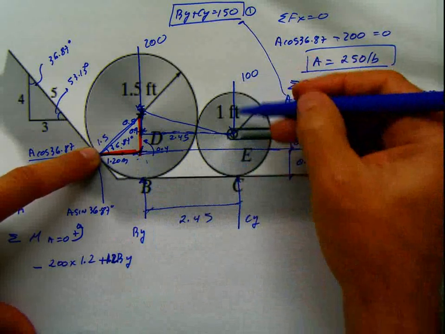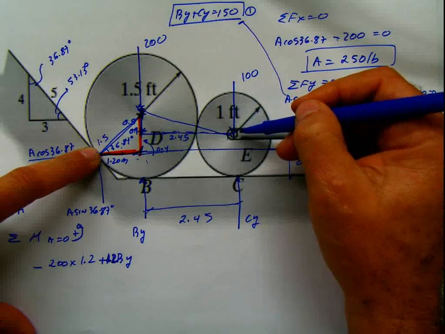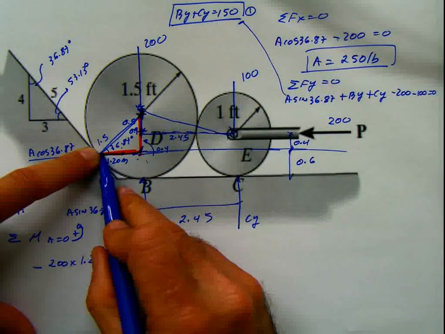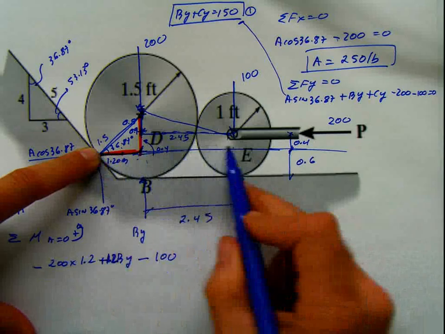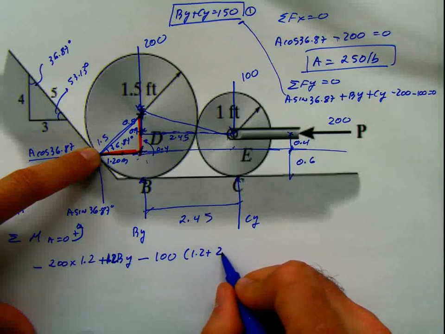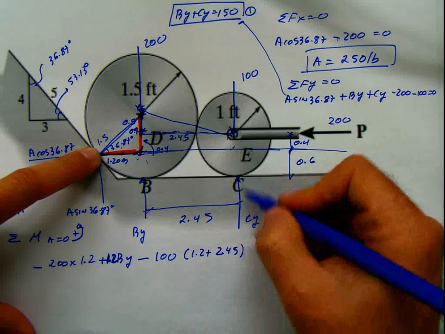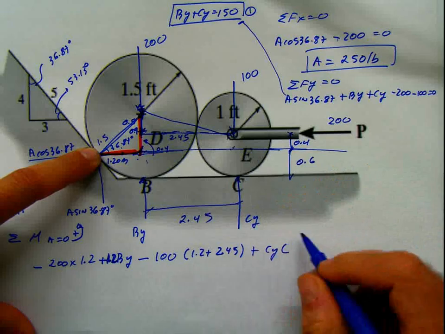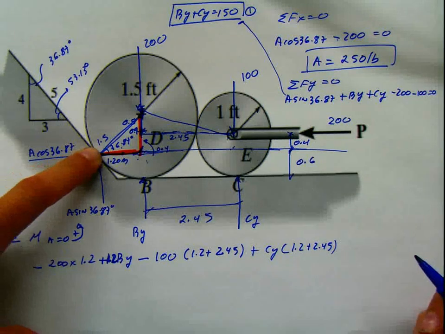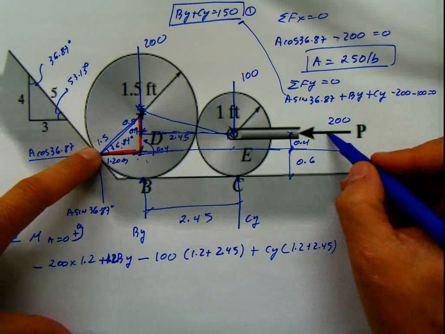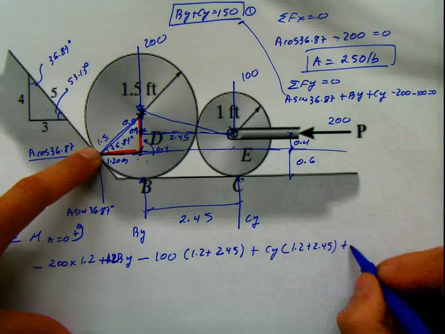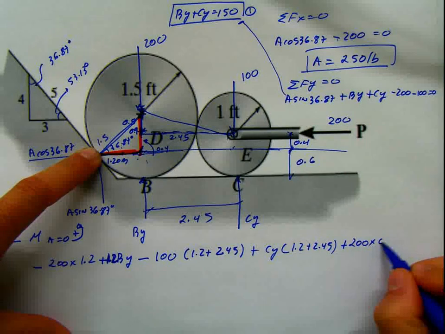Now this other 100 force here, which is the weight, negative 100 multiplied by the distance from here to here, and the distance from here to here is 1.2 plus 2.45, plus CY multiplied by the same distance. Anything else? Oh yeah, this force. This force is going to be acting in this direction, so it's going to be plus 200 times 0.4 equals 0.